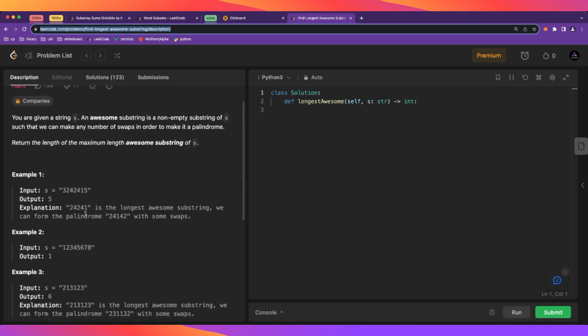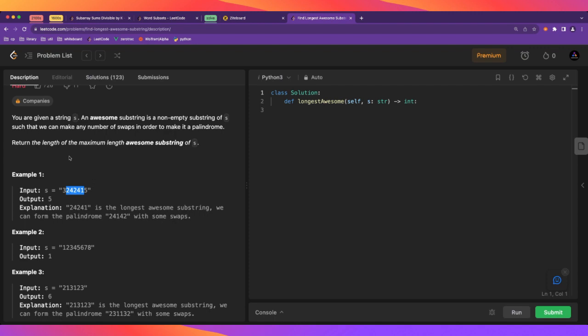It turns out that it is explained here, for example, in example 1, where you have this substring, and yes, it's clear that if you swap the 2 with the 1, then it becomes a palindrome. So if there's a way to reorder the characters such that you get a palindrome, then it is awesome.